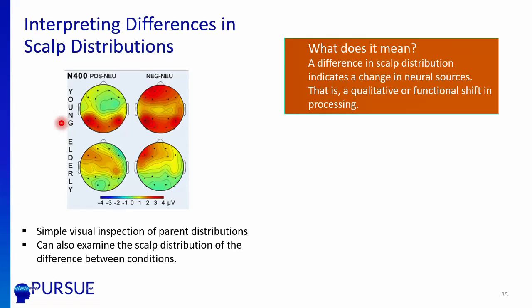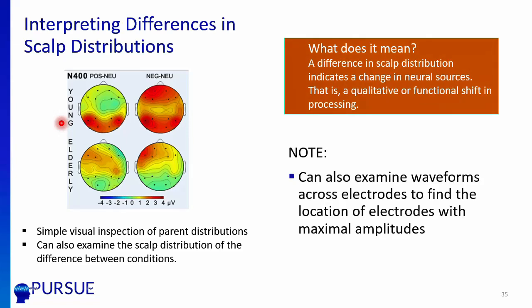So the scalp distribution change indicates some sort of change in the neural sources. It typically is a qualitative shift, like different neural generators of some sort, right? However, we can also look at the electrodes where the difference or the component is maximal. That can be helpful as well.